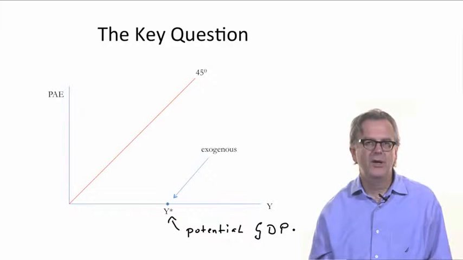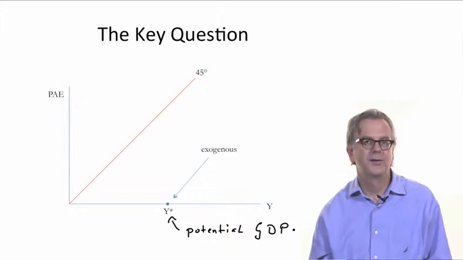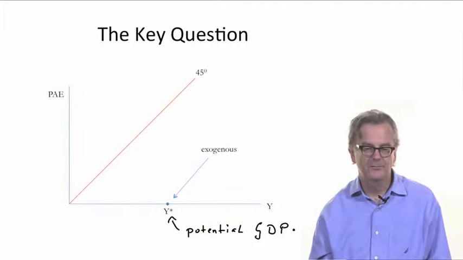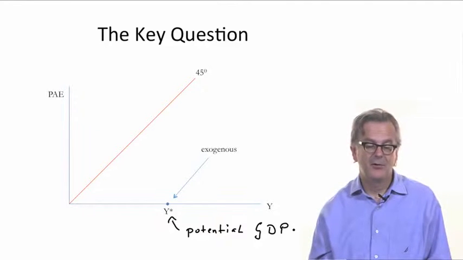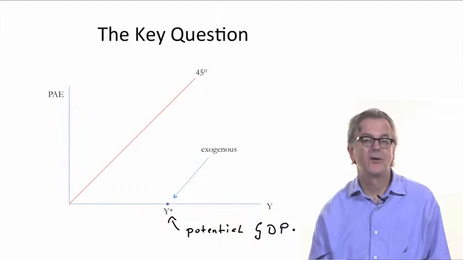Now, from the viewpoint of a macroeconomic policy official, say the chair of the Federal Reserve or the chief finance minister, one of their aims presumably will be to manage the macroeconomy so that its actual flow of GDP corresponds to that potential.